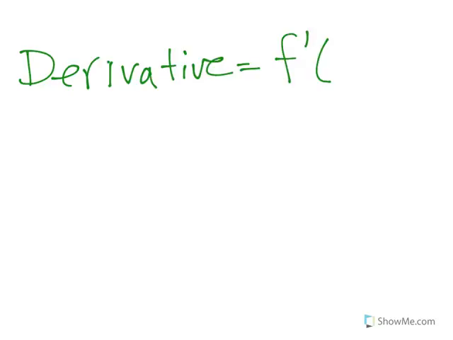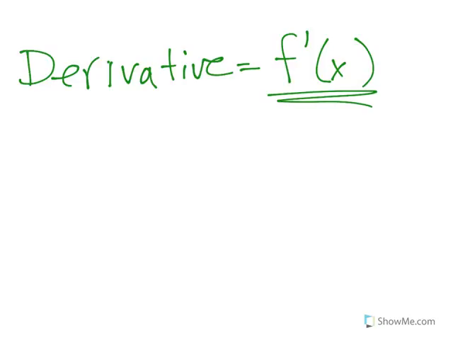So, putting what I just said from words into real math, most of the time instead of saying derivative, you see f prime of x. That means the derivative of f of x.